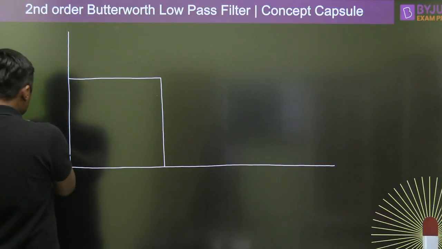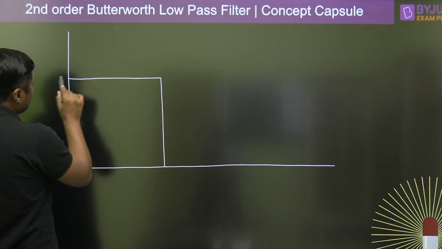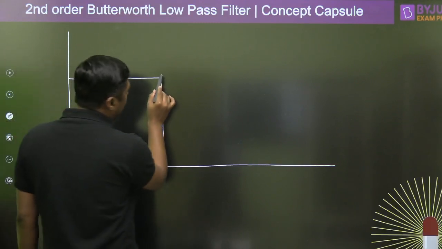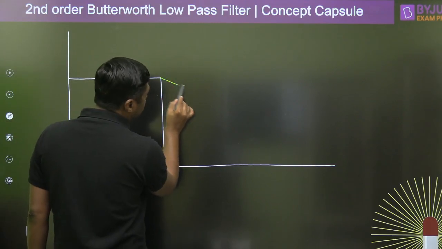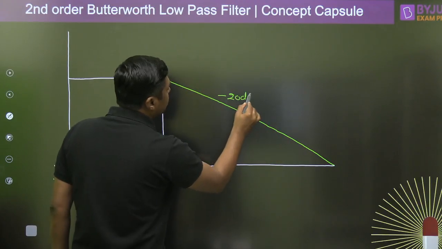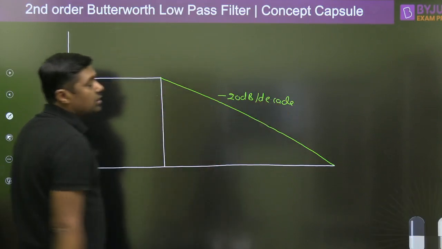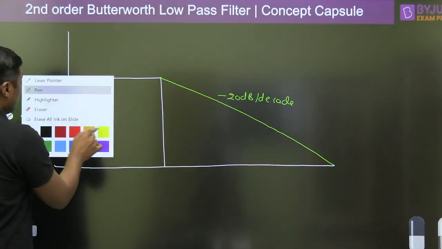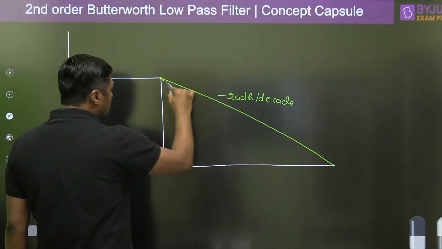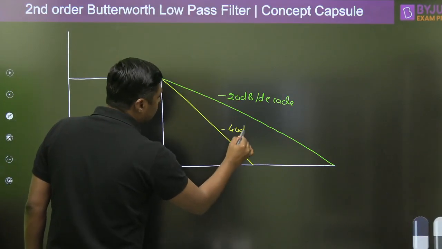If this is the first order, then actually up to this point the curve will remain the same, but after that the fall in the gain is like this. And what is the slope? Minus 20 dB per decade. This is for first order. What will be for the second order? For second order, the slope will be minus 40 dB per decade.